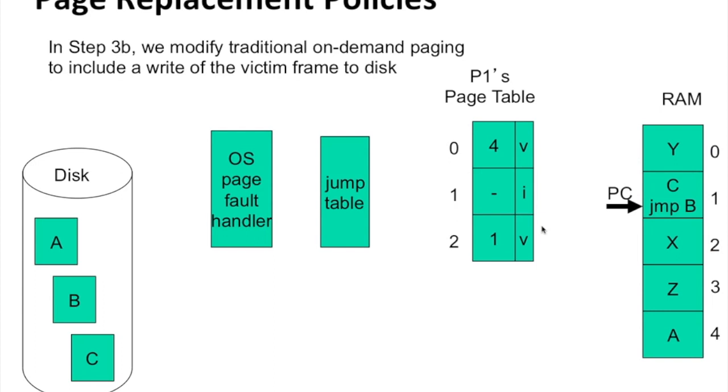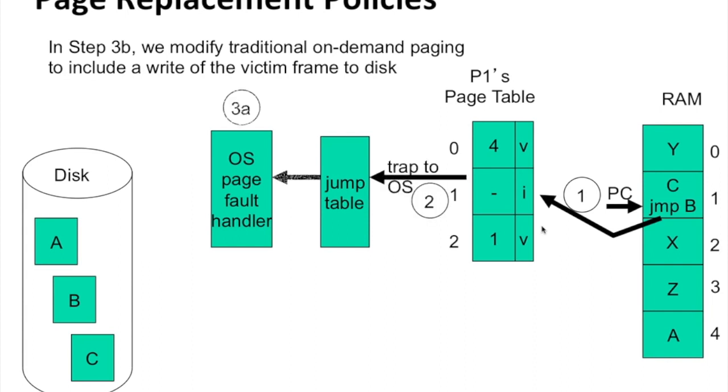So here's the visual of what we were just talking about. We're in the code in page C, and it says to jump to page B. But if we look, we see that everything is full. We see that page B is invalid. So we're going to go to the jump table and trap into the kernel.